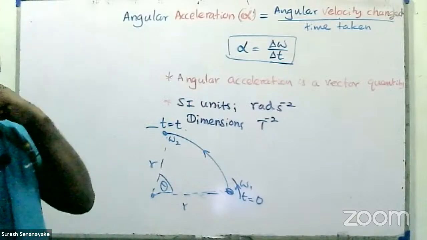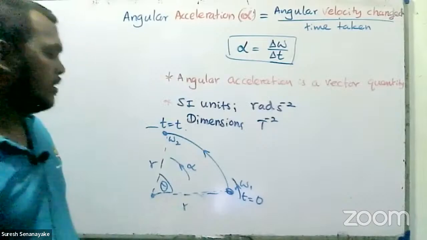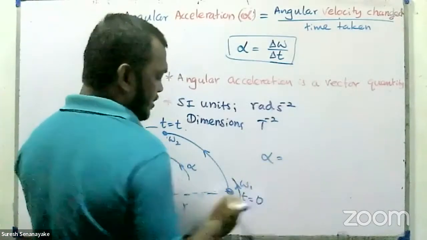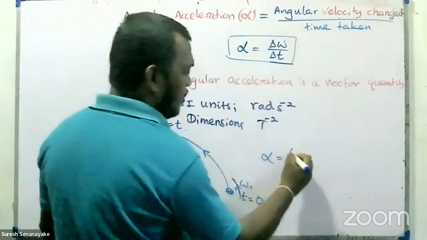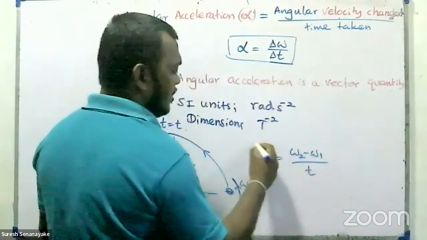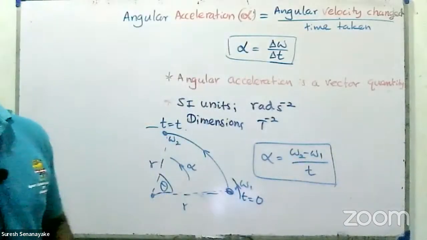In that case, the angular acceleration, let's say alpha, is the change in angular velocity, omega 2 minus omega 1, divided by time.